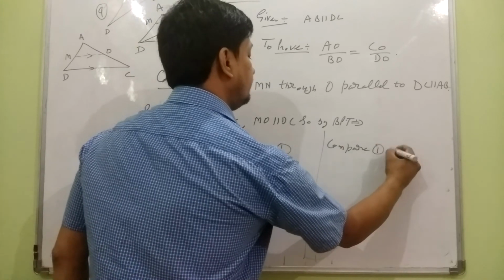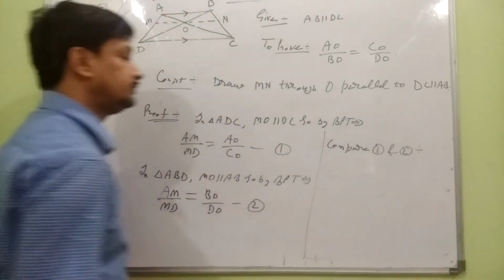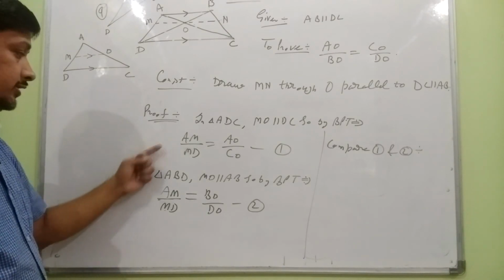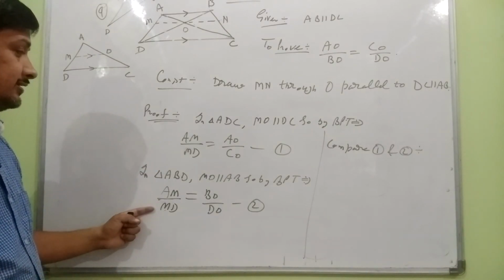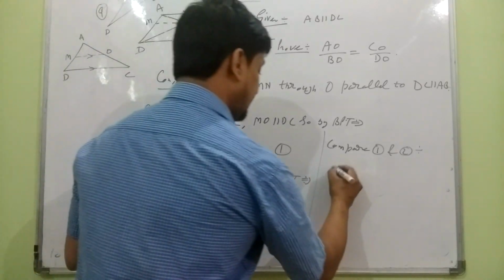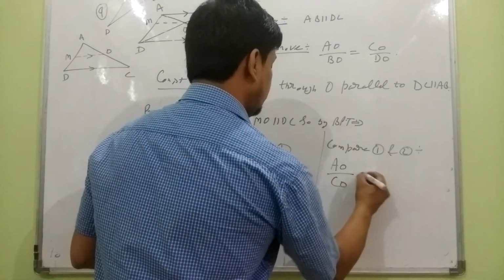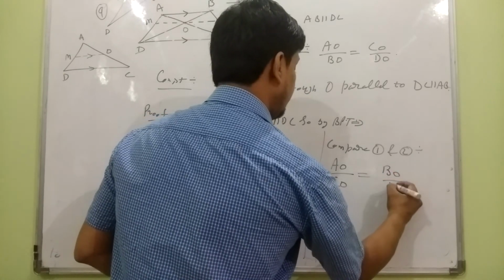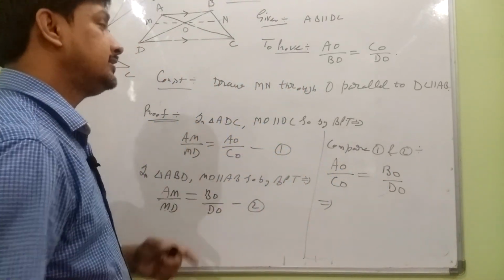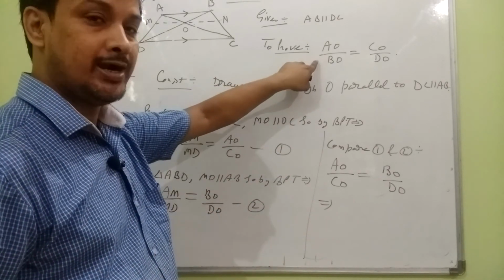Compare equation 1 and equation 2. What will we get? Their left sides are equal, so obviously their right sides will also be equal. So we can say AO upon CO is equal to BO upon DO. Now rearrange the terms to get the required result.